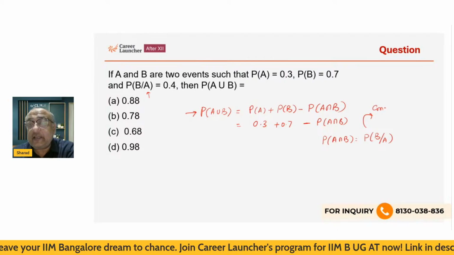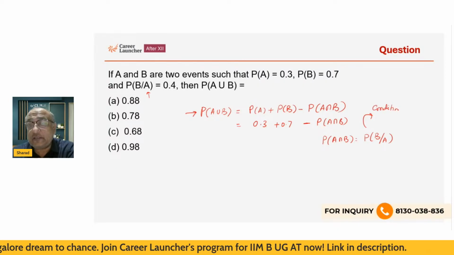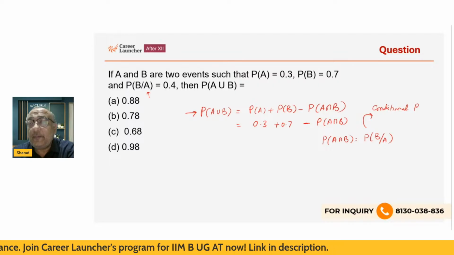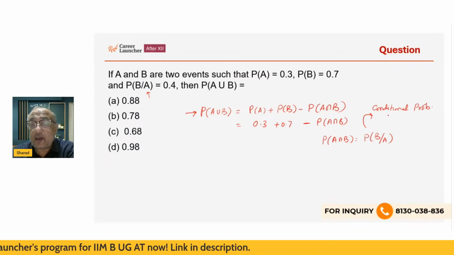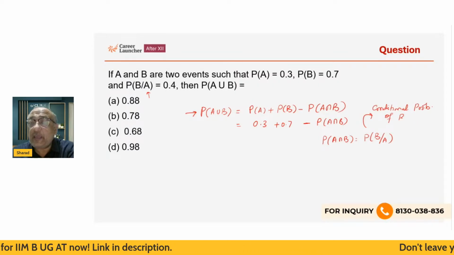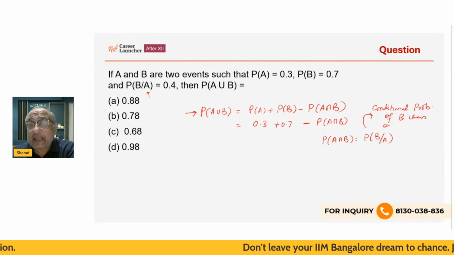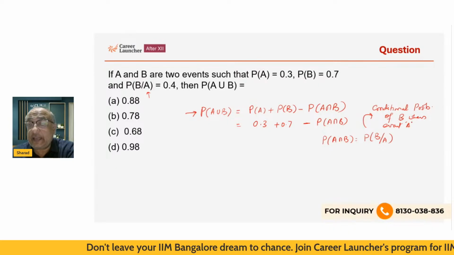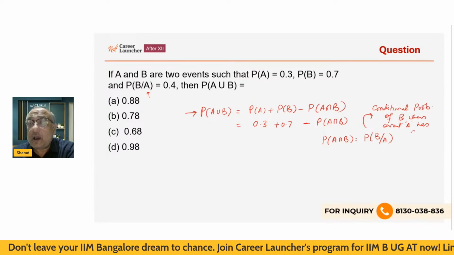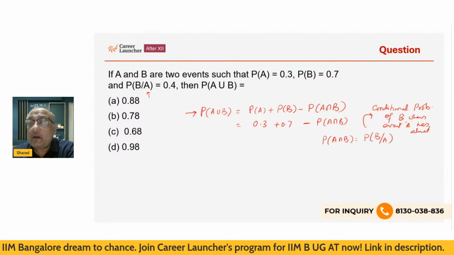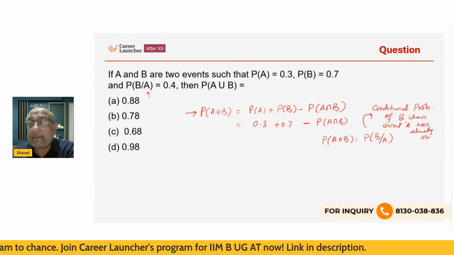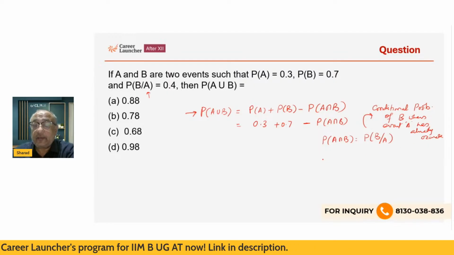It is the conditional probability of event B when event A has already occurred or happened, right?